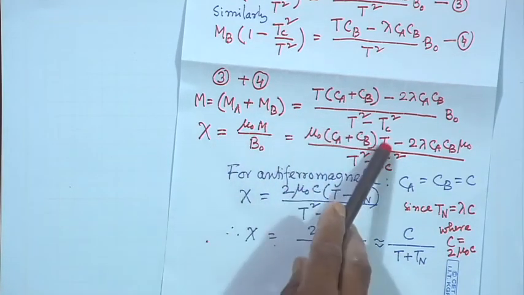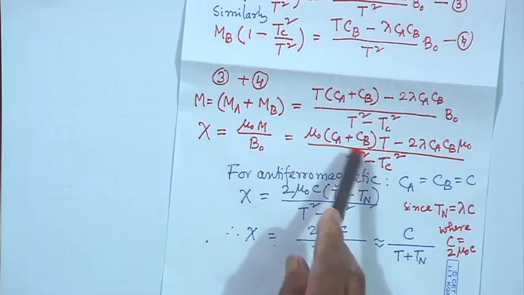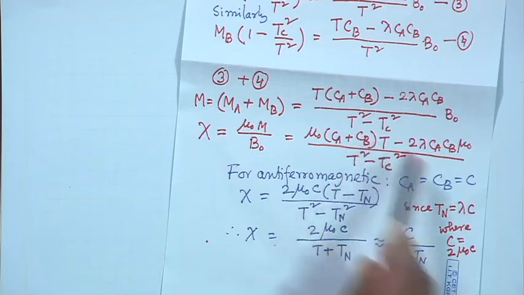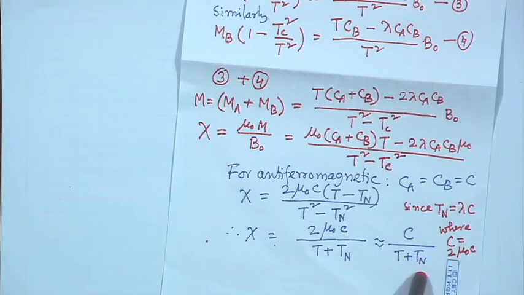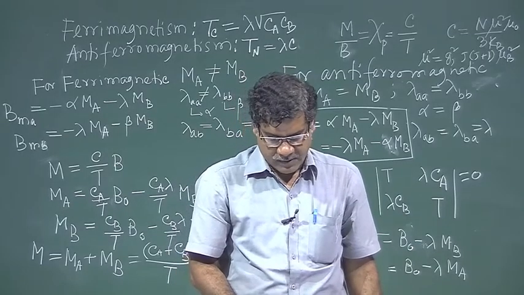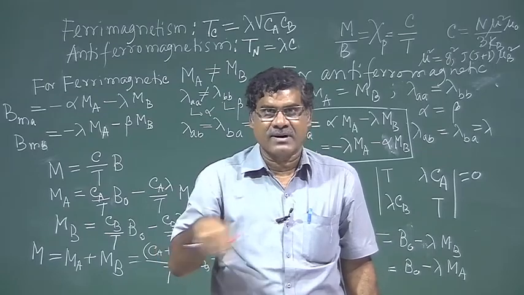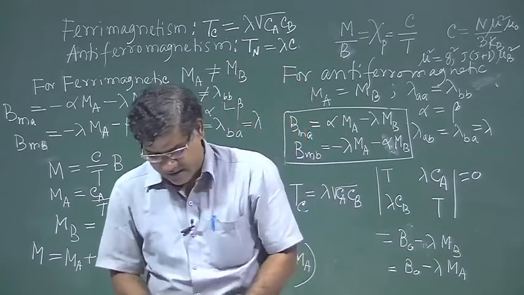For the ferromagnetic case, you see this temperature behavior is slightly different than the antiferromagnetic, ferromagnetic and paramagnetic, where 1 by chi versus temperature is linear, right.